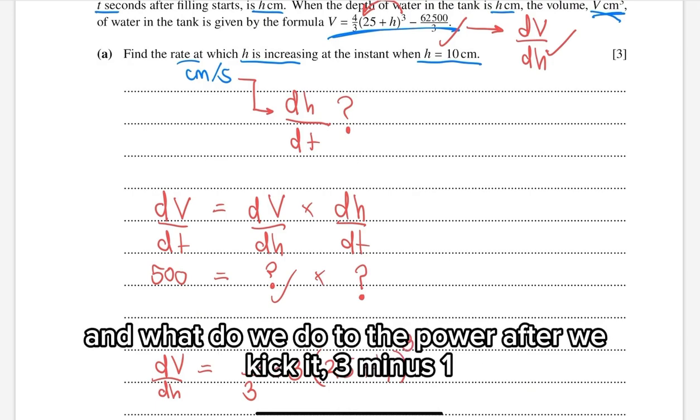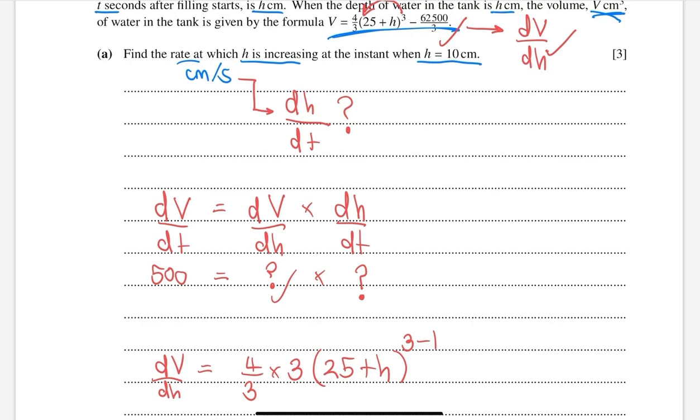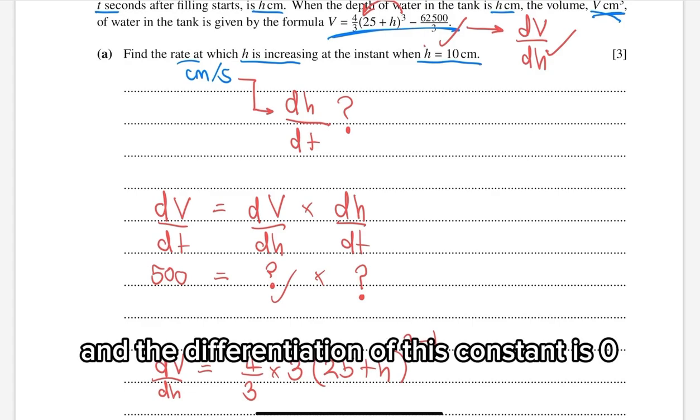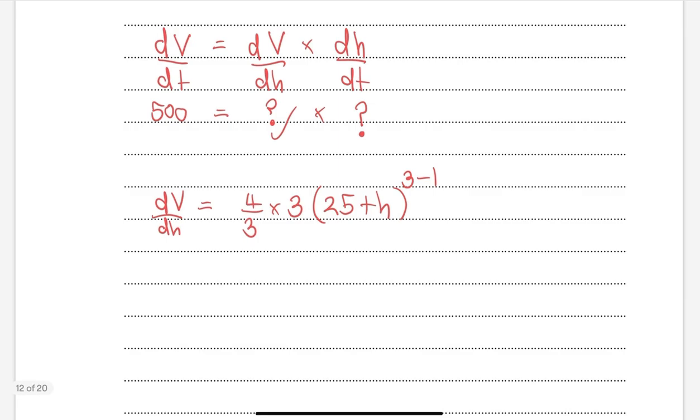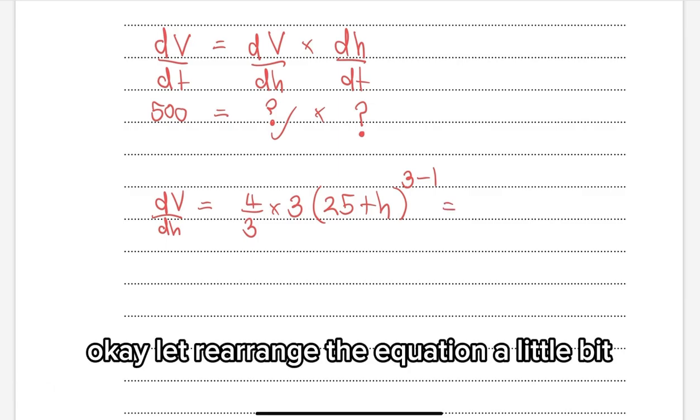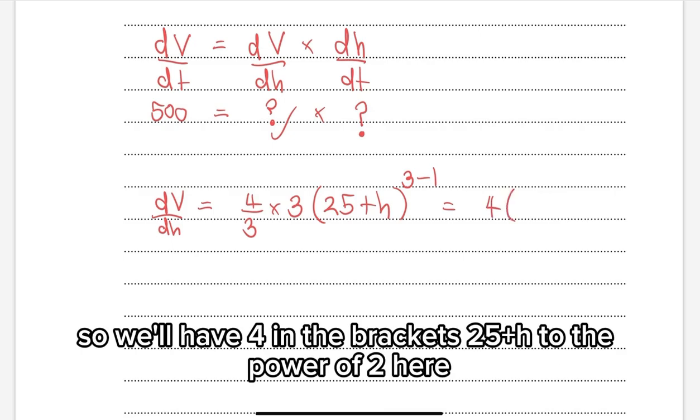And what do we do to the power after we kick it? We minus 1. And the differentiation of this constant is 0, so we don't write it down. Okay, let's rearrange the equation a little bit. So we'll have 4 in the brackets (25 plus h) to the power of 2.